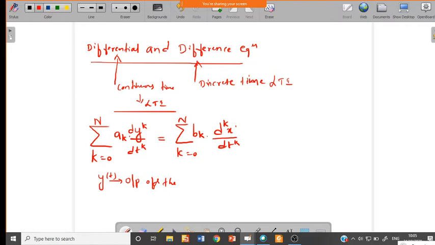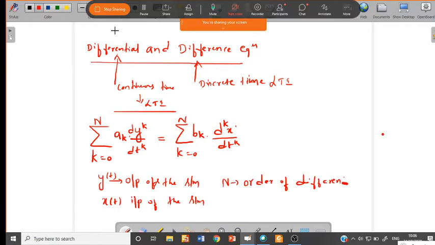And n is the order of the differential equation.